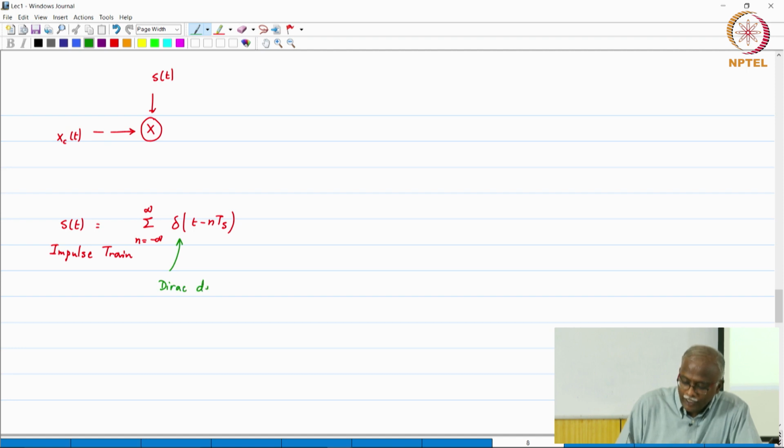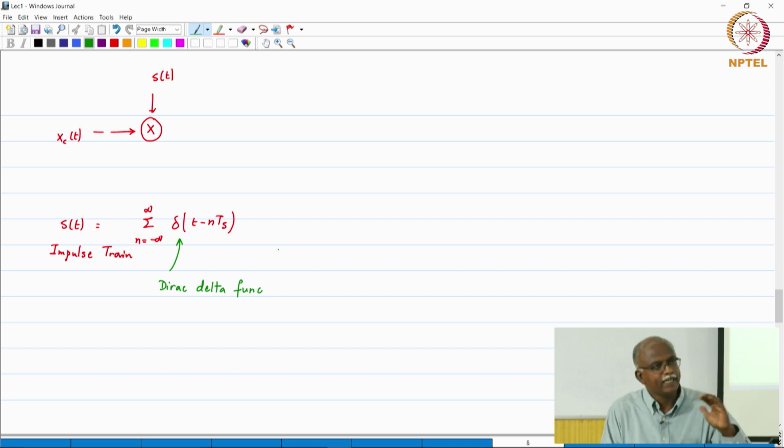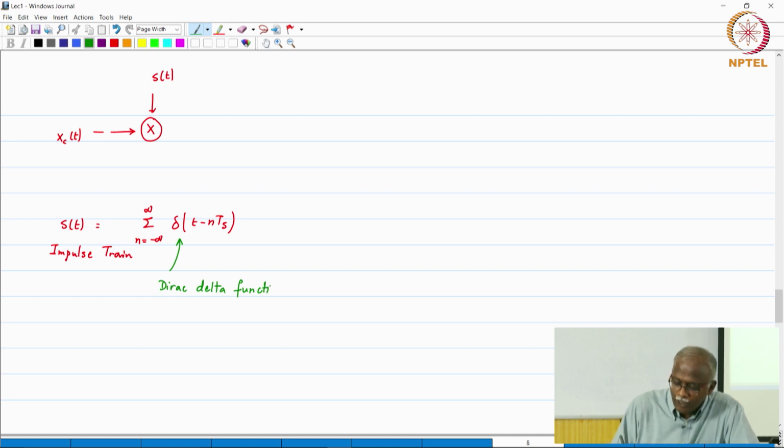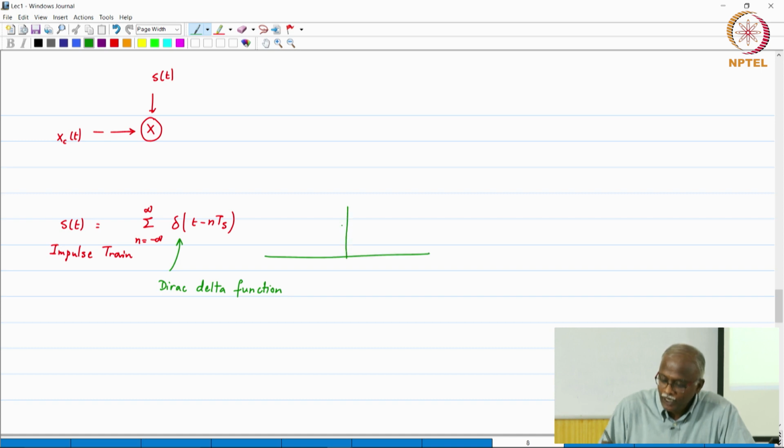It would be important for us to be familiar with the properties of the Dirac delta function, such as the sampling, the area property. Again, we will just touch upon it briefly because that is not our focus. If you were to represent this, you have a set of Dirac deltas which are uniformly spaced.